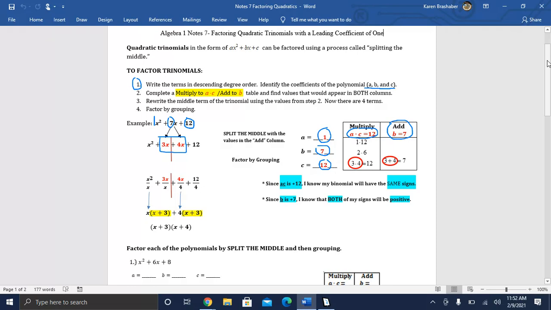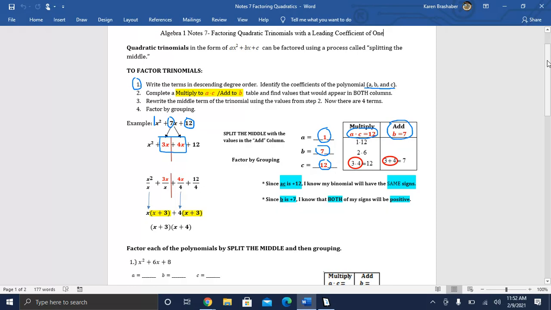And then after I've made that split, the rest of the process is to factor by grouping, which is what we did in lesson 6. So you'll find that if you have not done lesson 6, that can be a problem that you'll want to take care of. You do want to get that lesson completed.